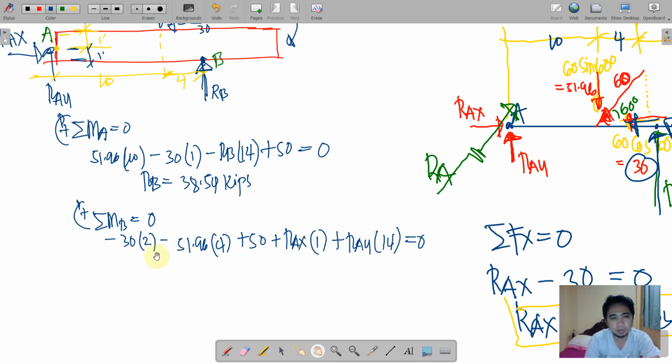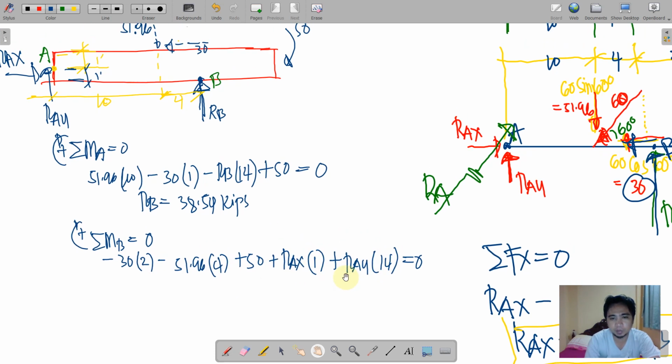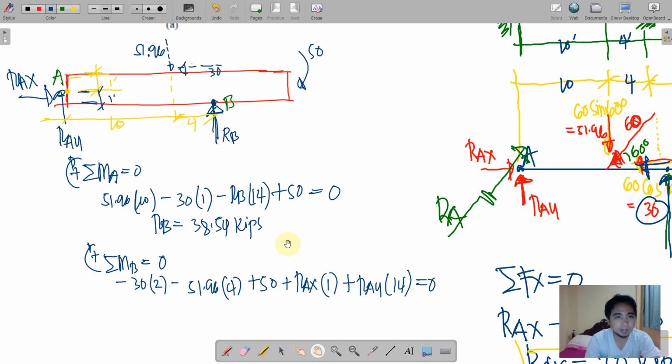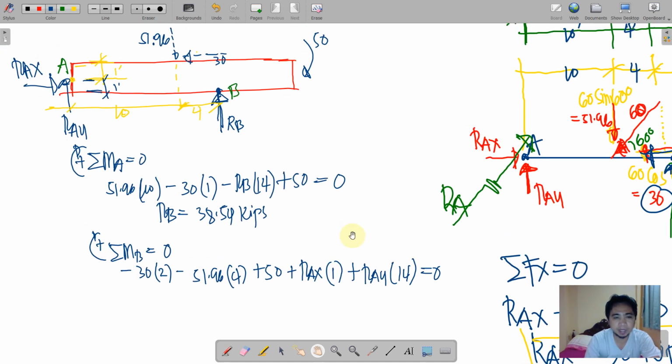So, we need to obtain another equation in order to solve one of these and then eventually come up with the other one.